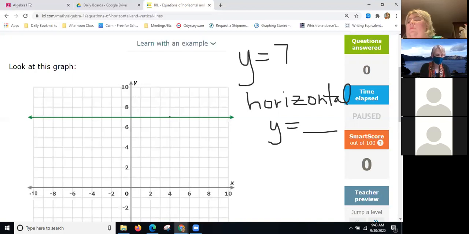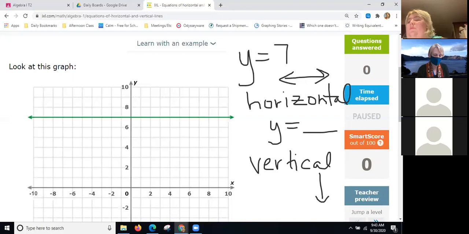If instead it was a vertical line, so if horizontal goes this way, vertical is going to go the other way, right? Vertical is going to be straight up and down. Like, skateboarders might say something about getting vertical, or a basketball player has a vertical jump.